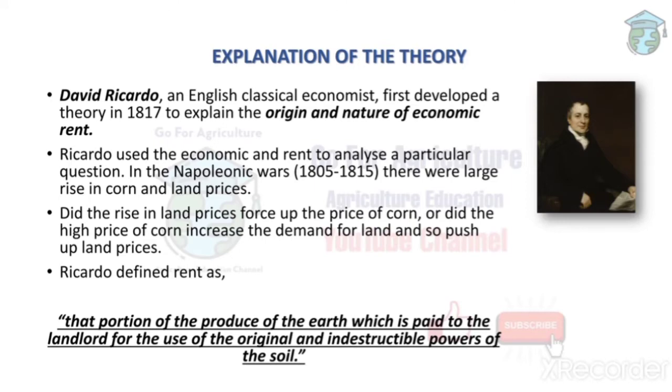During that time there were the Napoleonic wars. Due to this war there was a large rise in corn and land prices simultaneously. Because of this rise in prices, David Ricardo was literally so confused.